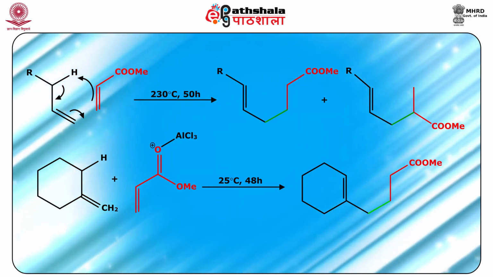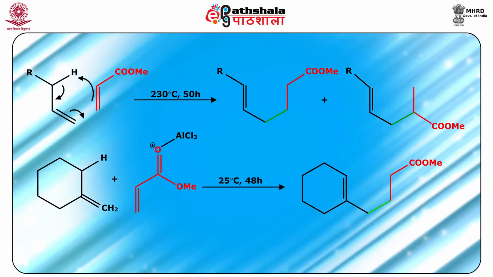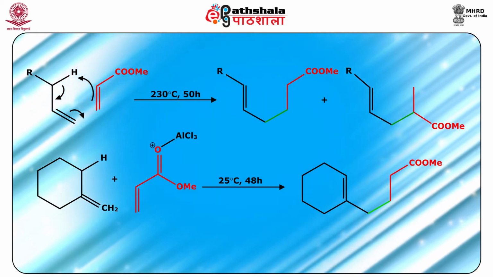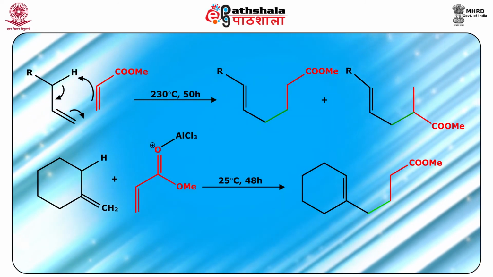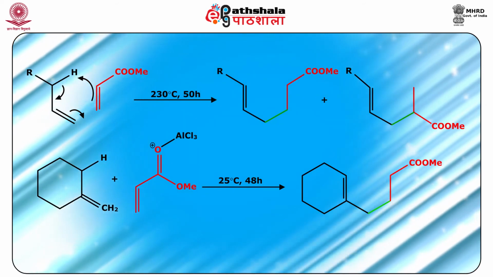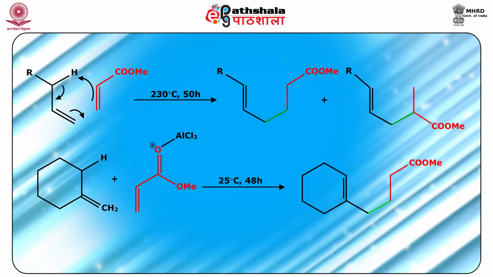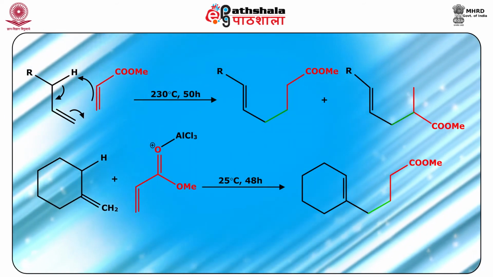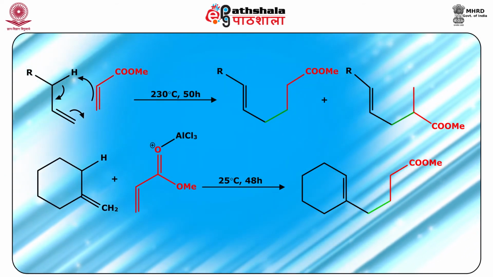They resemble 1,5 sigmatropic rearrangements since a sigma bond moves, and they also resemble cycloaddition like Diels-Alder reaction, with one of the pi bonds of the diene being replaced by a sigma bond. Nevertheless, since the reaction is bimolecular and no ring is formed, they are neither sigmatropic nor cycloaddition reactions.